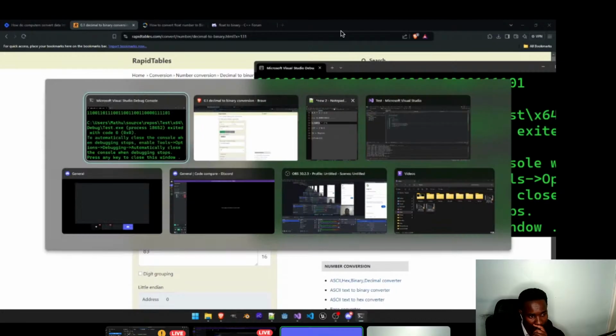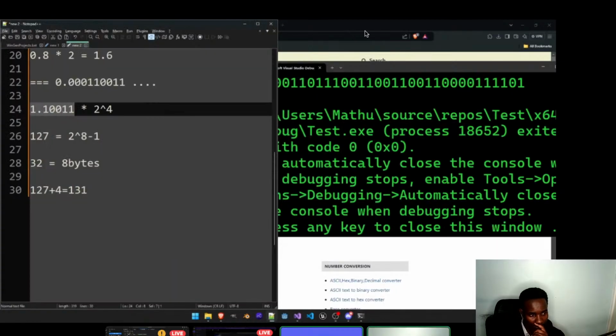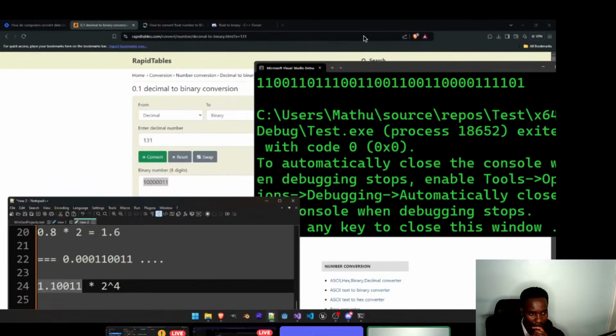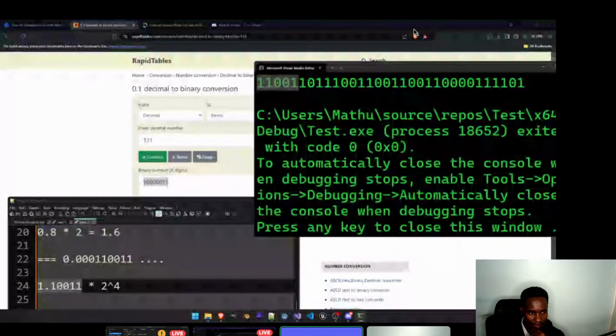If you look at what you have selected on the notepad, as well as the output that you have on the terminal, up to there they're matching, it's just that it doesn't have the decimal point. Yeah, that's true. The first bit.